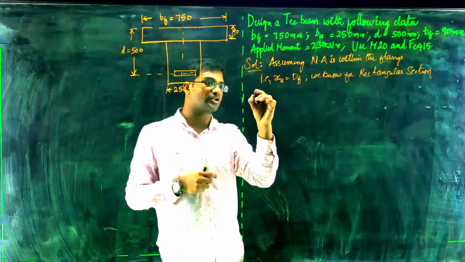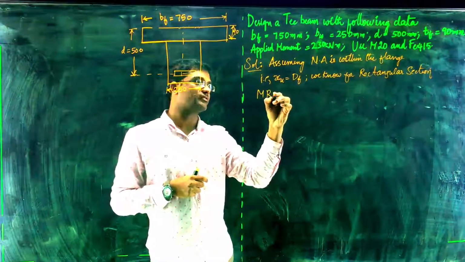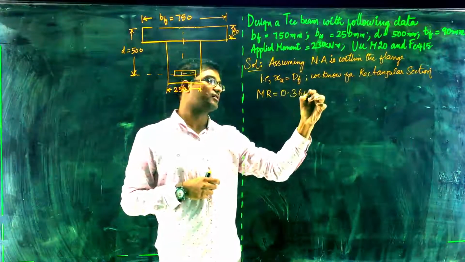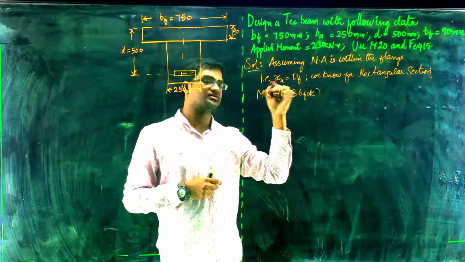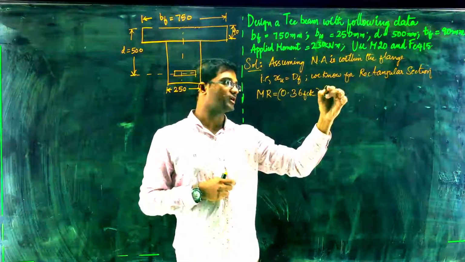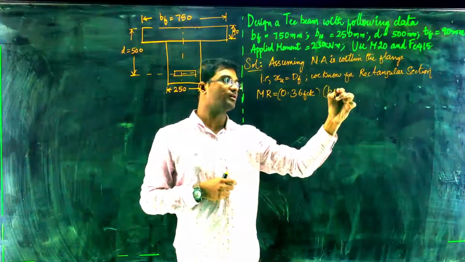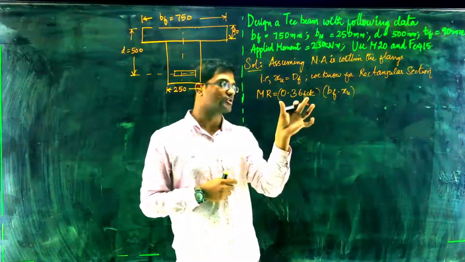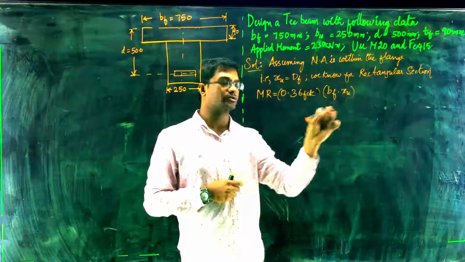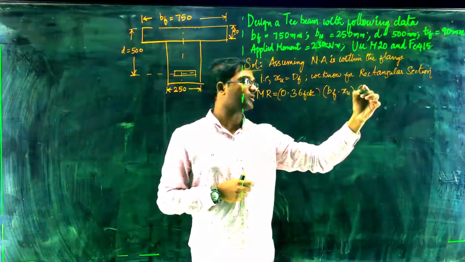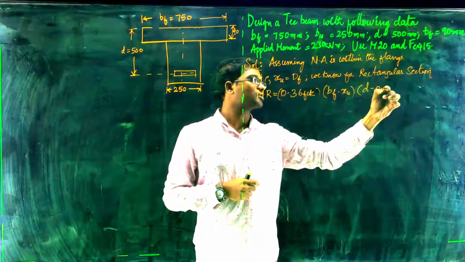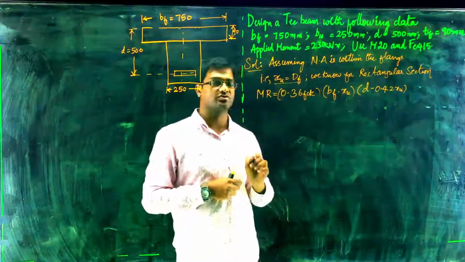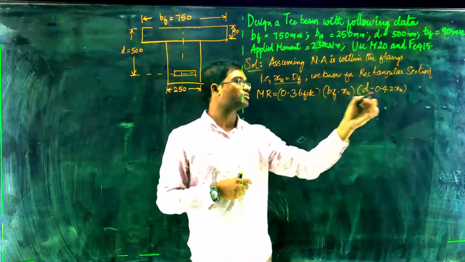So for a rectangular section, the moment of resistance is given by 0.36 FCK, the stress. We need to multiply with the area, that is B into XU. This is the area of cross section. Stress into area, you get force, multiplied by the lever arm, D minus 0.42 XU. Because XU equals DF, we need to substitute DF instead.